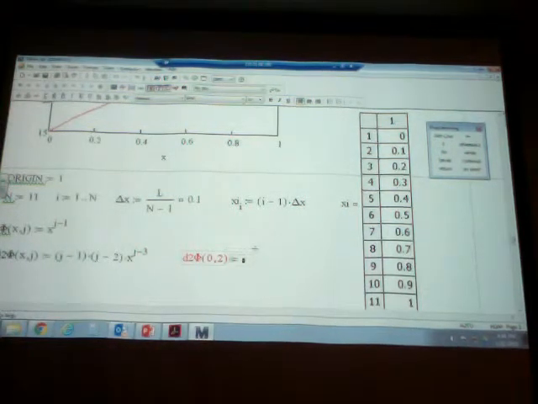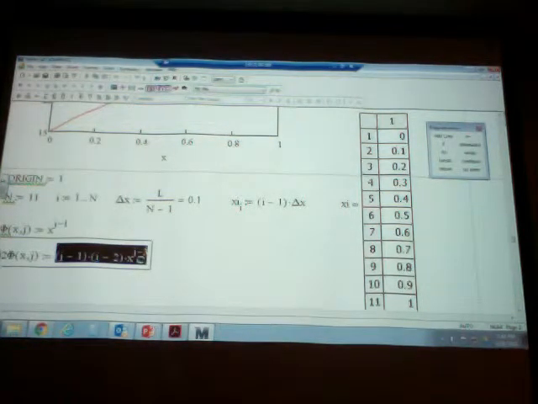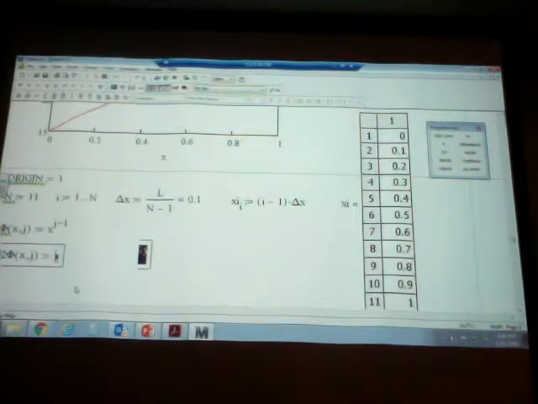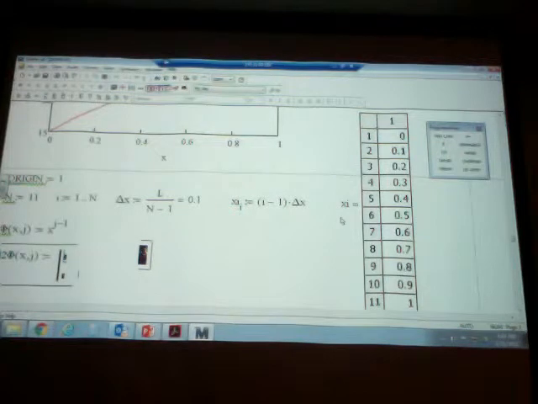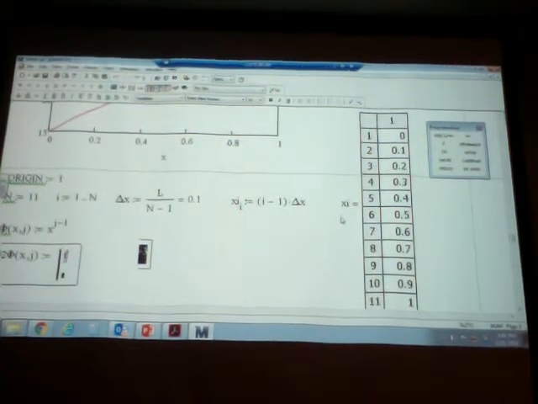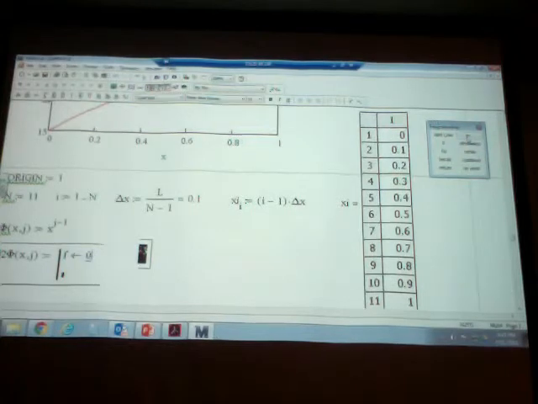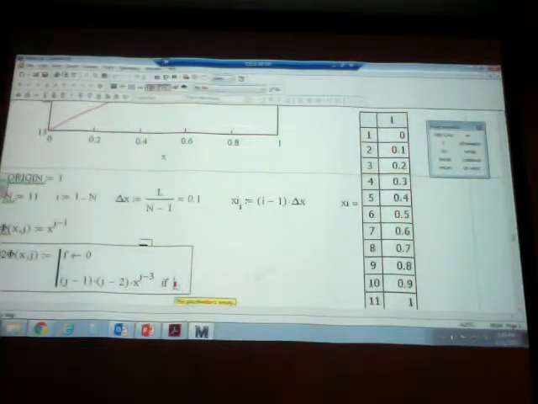So what I'm going to do is introduce a programming line here, and I'm going to say the function f is equal to 0, and it's going to be this only if j is greater than 2. Greater or equal than 3, or greater than 2, right?